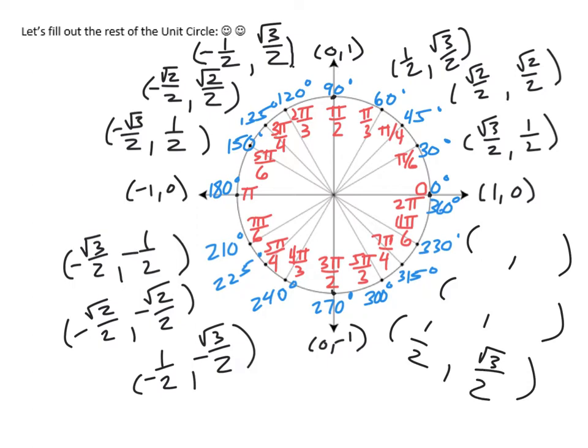X is positive, y is negative. That came from reflecting 225. For 330, I'll reflect 210, positive x coordinate, negative y coordinate. Okay? That's the unit circle.